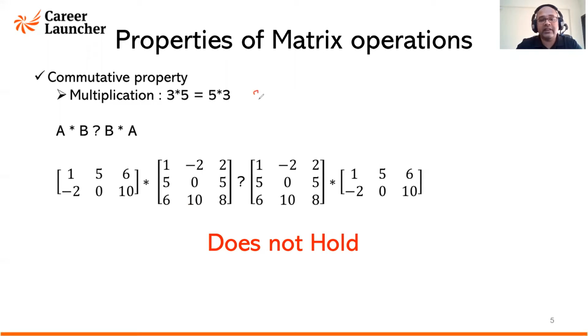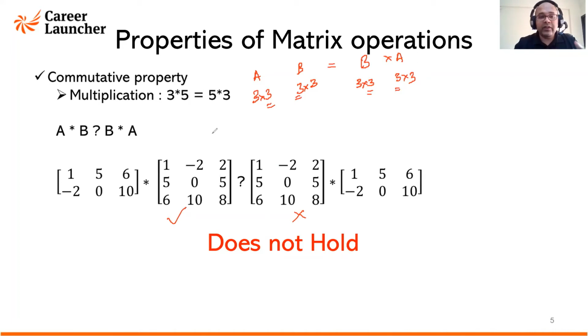So let us say I have a 3 by 3, this is A, multiplied with B, 3 by 3. Now you might be wondering, what is the problem in this? B into A. Here there is no problem because you will get an answer both sides, left hand side and right hand side. In the example I showed, there is an answer here, there is no answer there. Here there is an answer for both because 3 and 3 is matching.